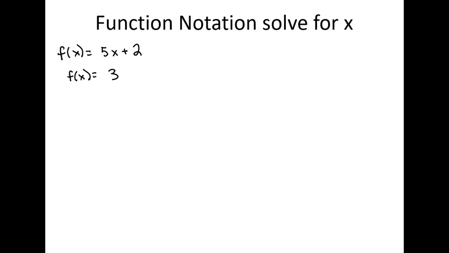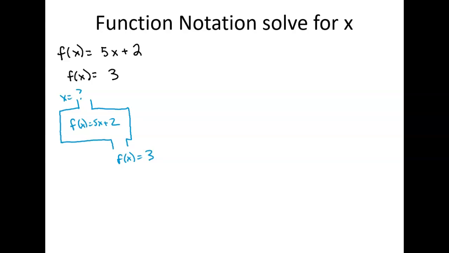Basically, if I draw a backwards machine, again, do not judge me on my drawing, here's my function, f of x, 5x plus 2. I get my output as f of x is equal to 3. So I don't know what my input is, but I know what my output is.